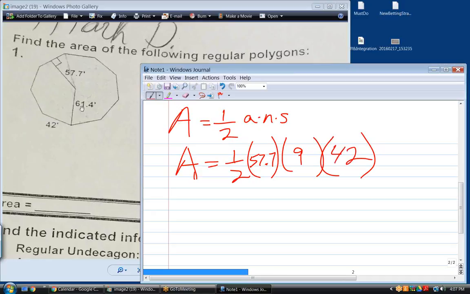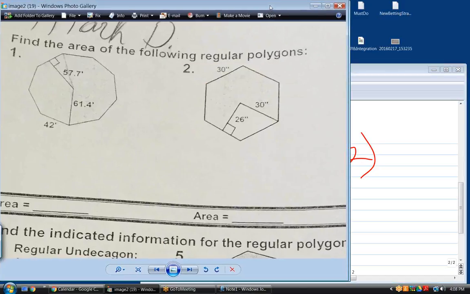In other words, they threw this in there just to kind of confuse you. That's the distance from the middle to the vertex, and that sometimes is called the radius also. Even though it's not a circle, if you were to inscribe a circle about that nonagon, that would be the radius length, because the outside of the circle would go through that point. All right, let's look at number 2.